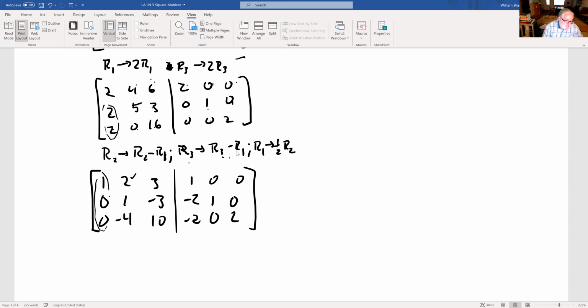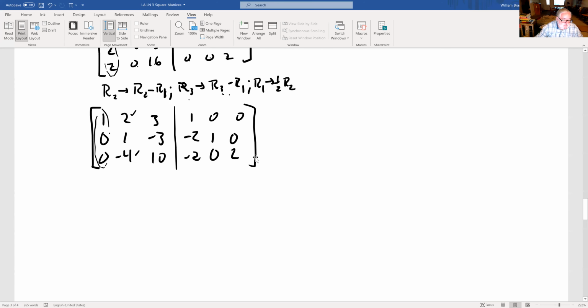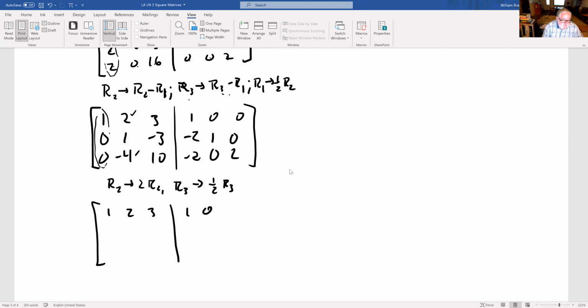I want to get rid of this 2 and this 4 in the second column. So what I'll start off with is I will multiply row 2 by 2 and divide row 3 by 2. So 1, 2, 3, I'm not doing anything to row 1 here. And then I have 0, 2, minus 6, minus 4, 2, 0.